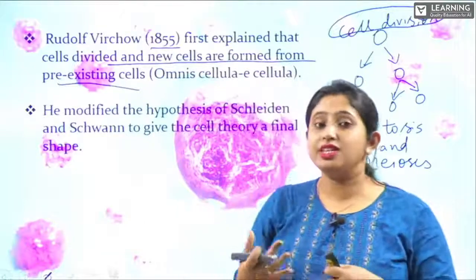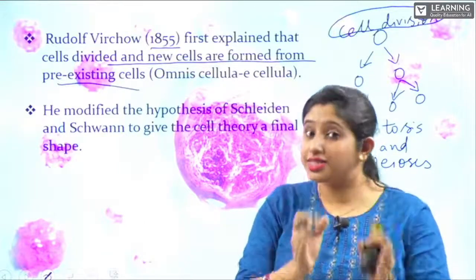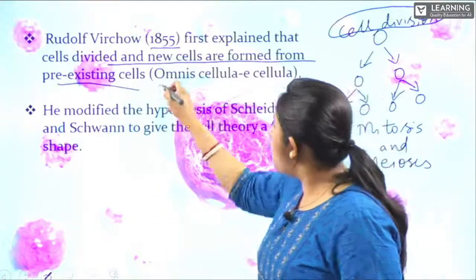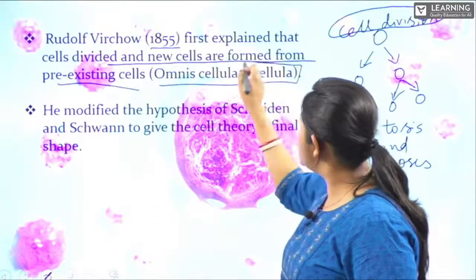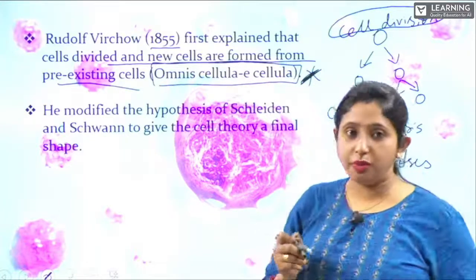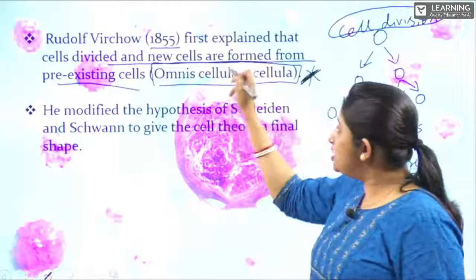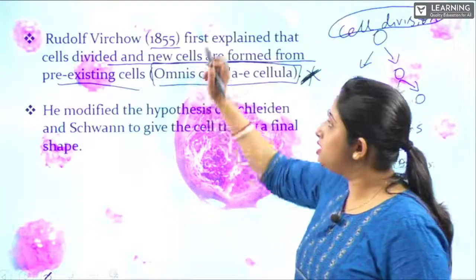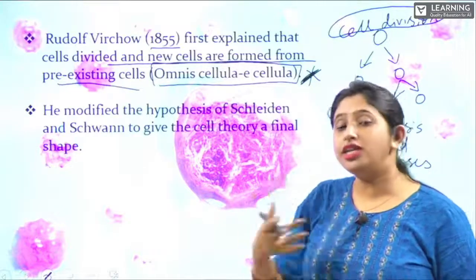So we are existing because of the pre-existing cells only. He has given a term that is known as omnis cellula e cellula. This is very, very important. You should remember this term. Who has given it? That is Rudolf Virchow. What did he talk about?